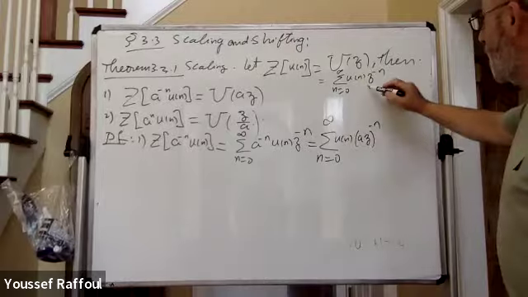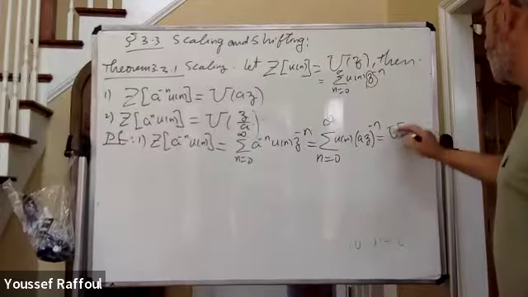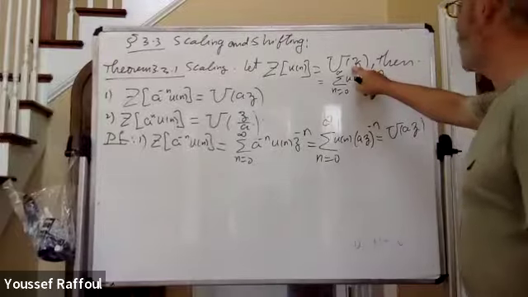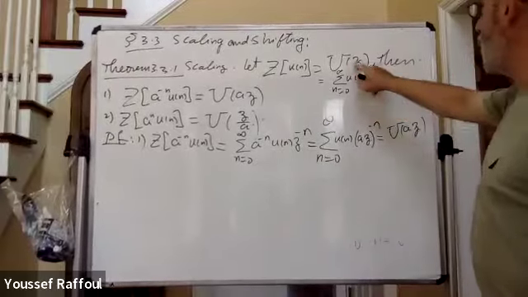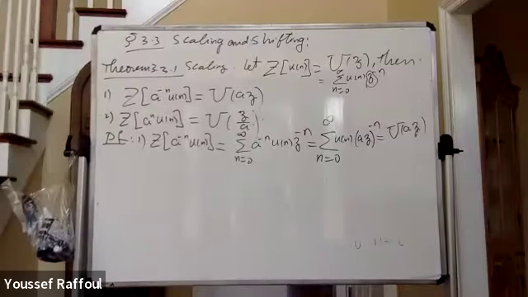Look, the z is being replaced by az. So this is U(az). U(z) is that; for U(az), you replace z by az, and that's it.